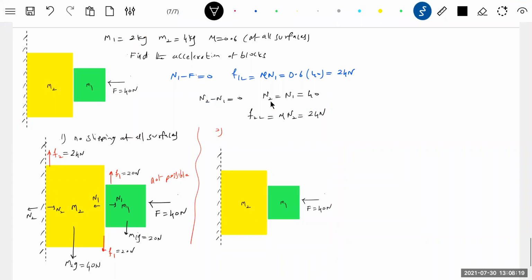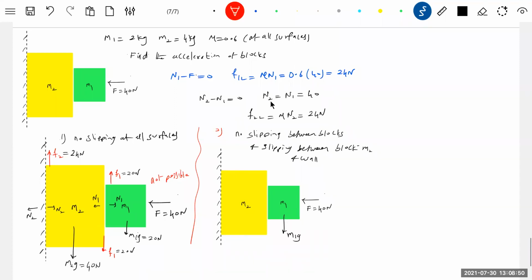What is the assumption? No slipping between the blocks and slipping between block M2 and the wall. Now I'll proceed.